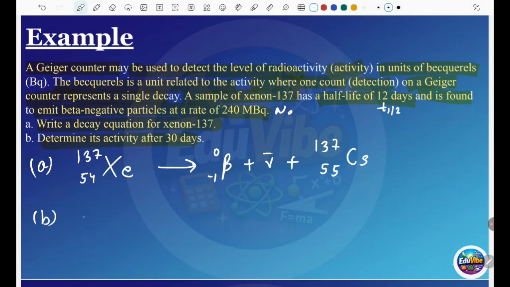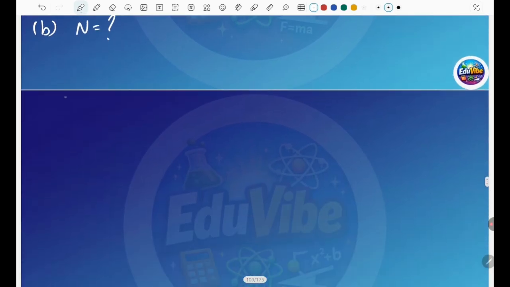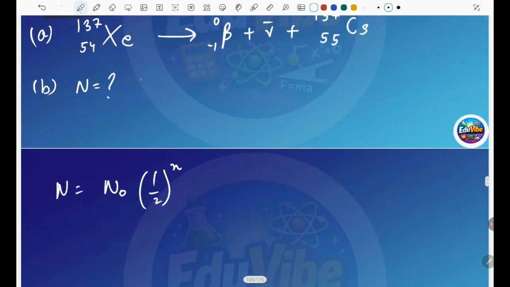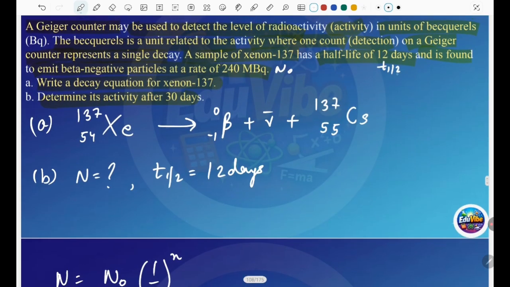For B, you have to find the N. So N is equal to N0 times one half to the power of N. But you don't directly have N. You have a T half, which is 12 days, given to you over there.